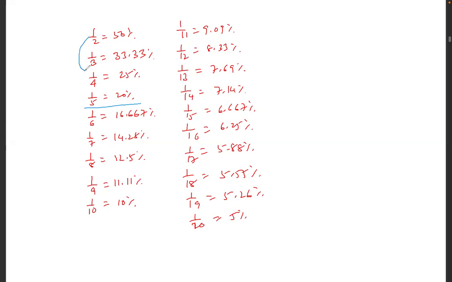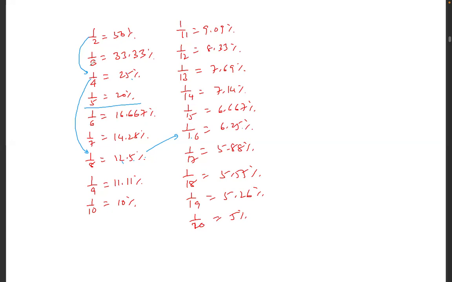Half of 1 by 2 is 1 by 4. So, half of 50 is 25. Fine. Half of 1 by 4 is 1 by 8. So half of 25% is 12.5%. Okay. Half of 1 by 8 is 1 by 16. So half of 12.5% is 6.25%.